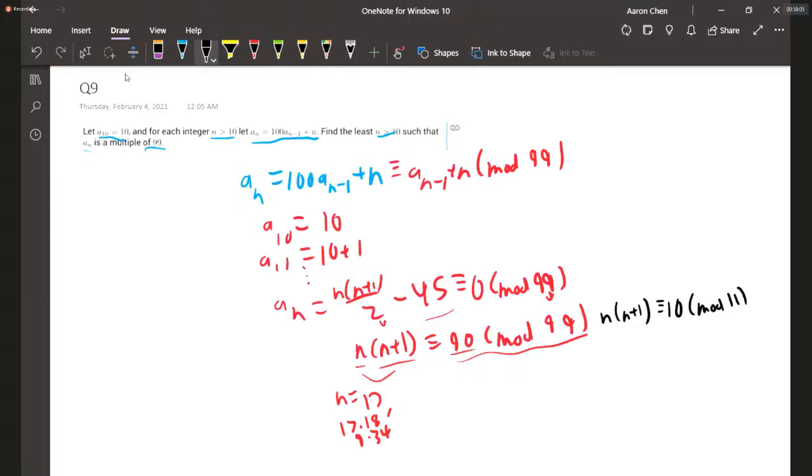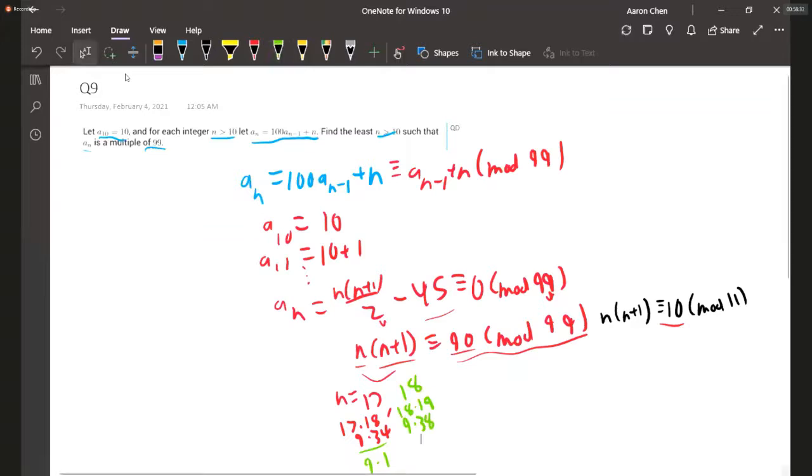And so when we look at this mod 11, you can see that this is 9 times 1. And this is not what we want. And so when n is equal to 18, it's 18 times 19 or 9 times 38.